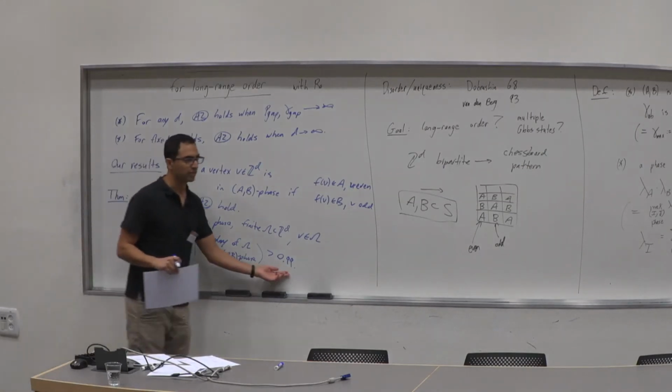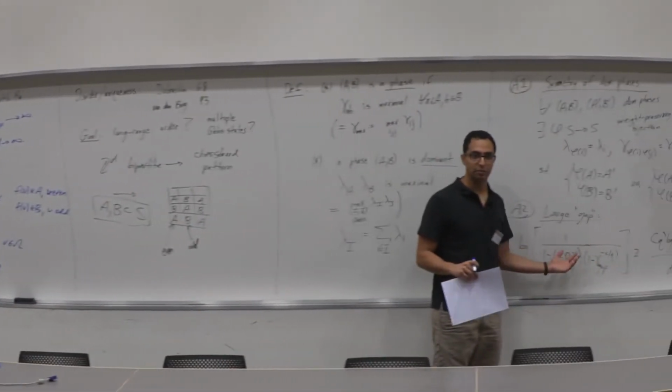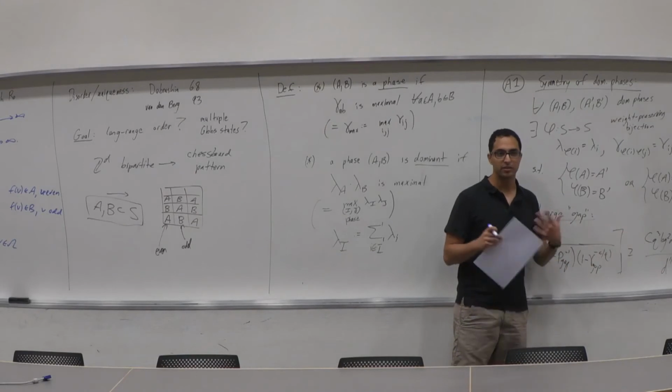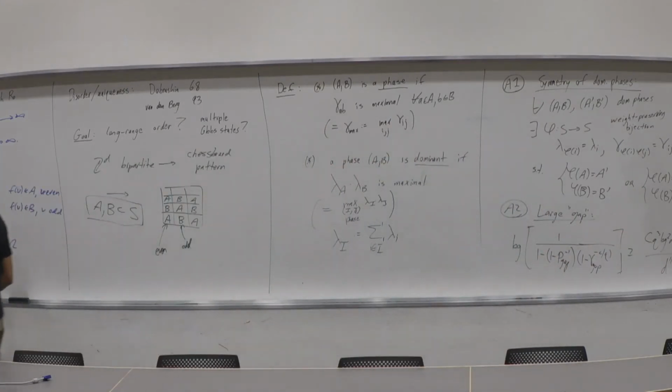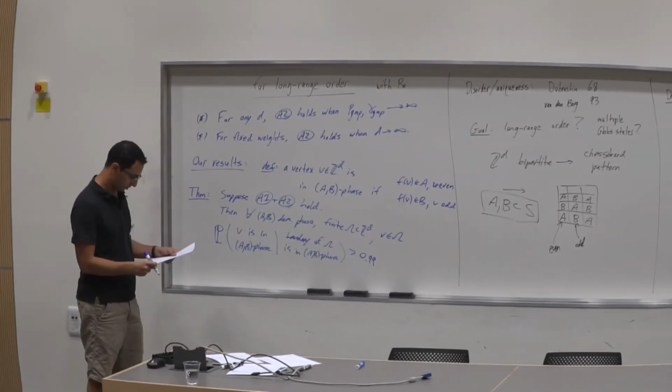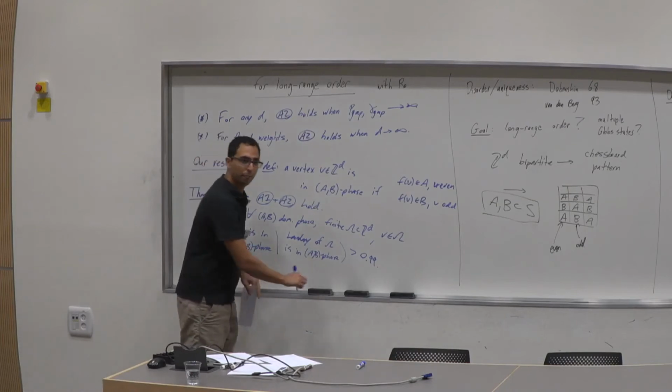And here the 0.99 just depends on how large the gap is. So if you take this constant to be even larger, then you can get this number even larger. Okay? So is this clear?